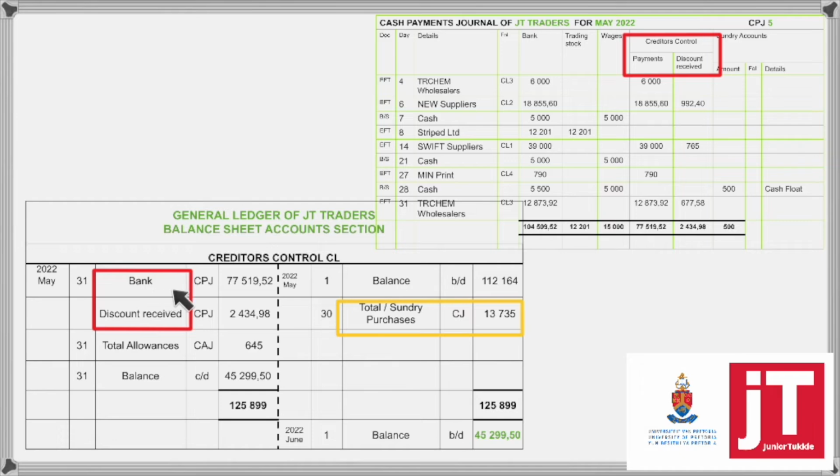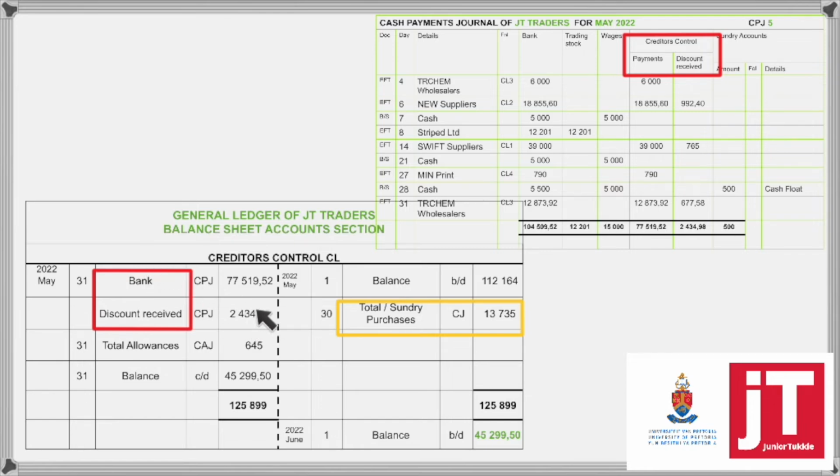The bank total is the amount of payments that we made, and then we have to record the discount received of 2,434.98. Now, why do we need to record both? Because the payment does not include the discount, but we technically owed the discount as well. So that discount must minus off because we're not going to pay it.